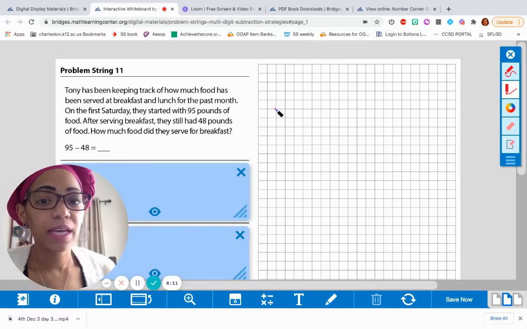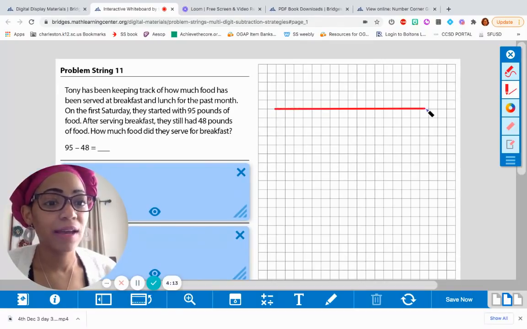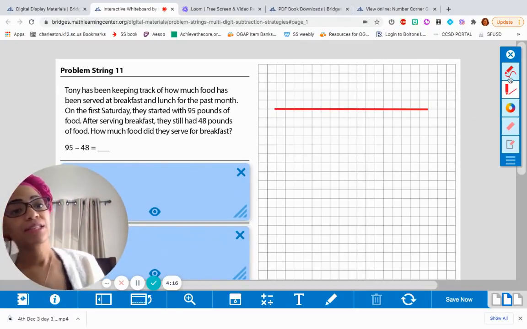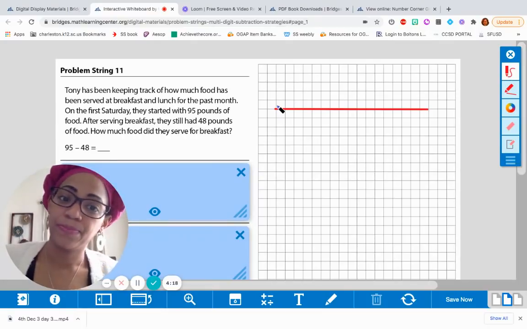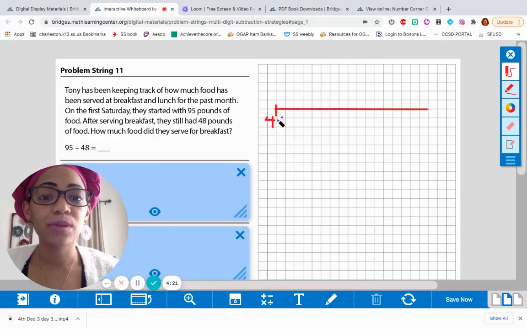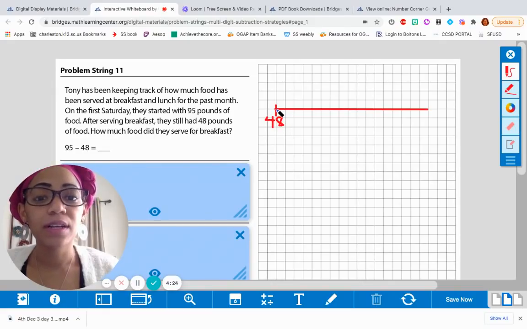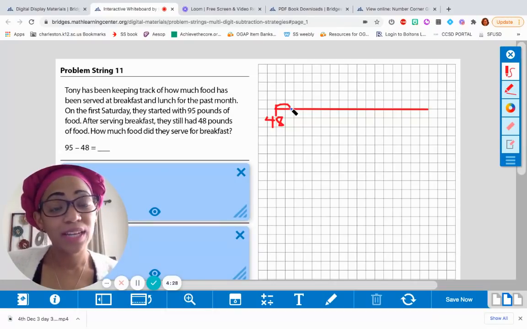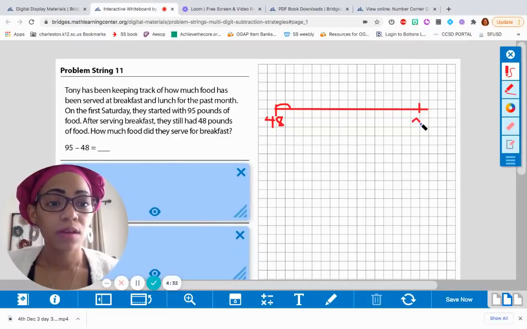If you start at 48, how can you get to 95? What might you add to the number 48? Good, you could add 2 because you want to get to a friendly number. So 2 would get me to 50. And then what do I need to add from 50 to get to 95? Good, I would just need to add 45.